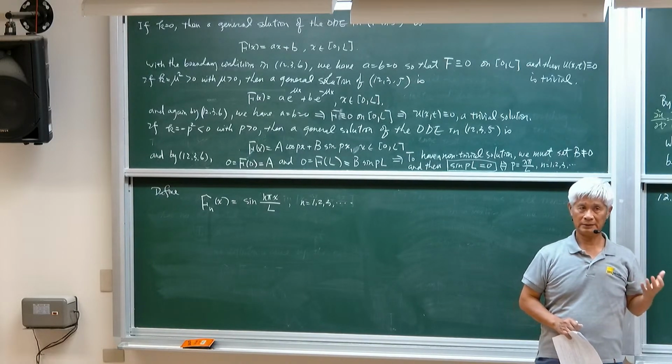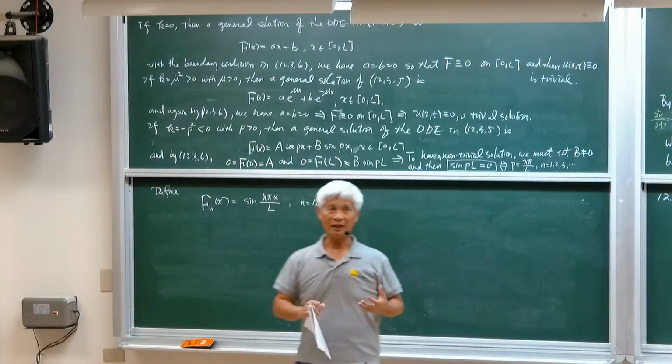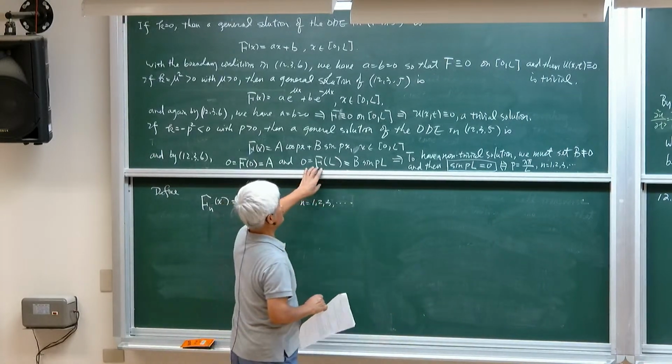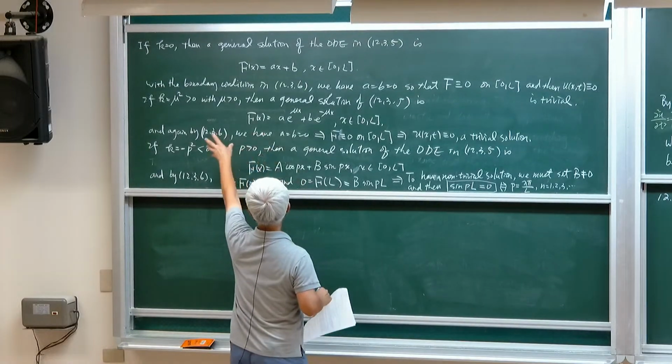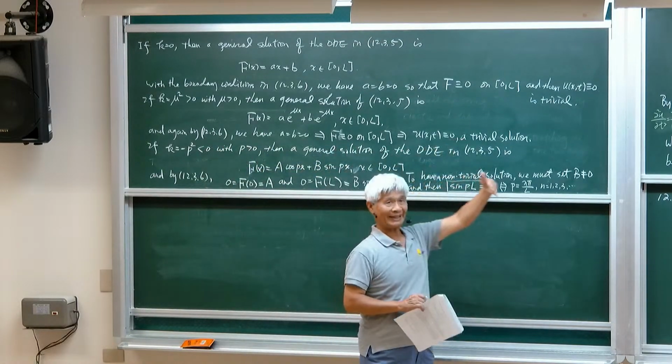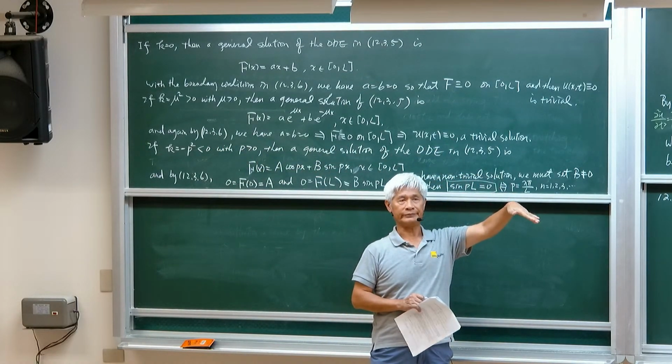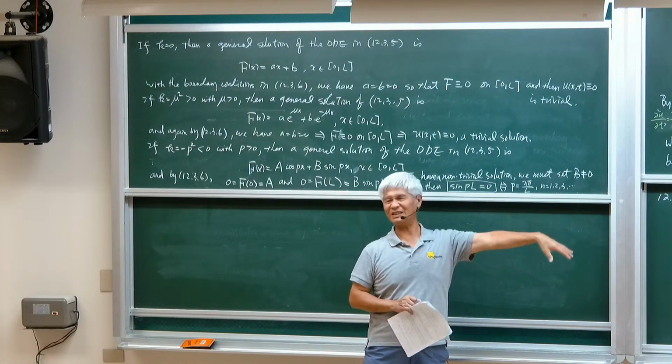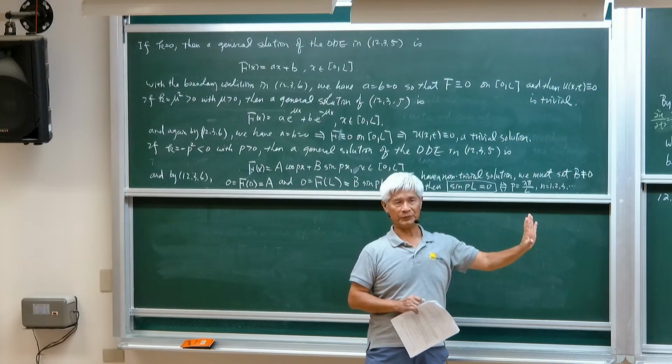So up to now we are still on the way, because if k is 0 or k is positive, we go to a dead end, so we just stop there.